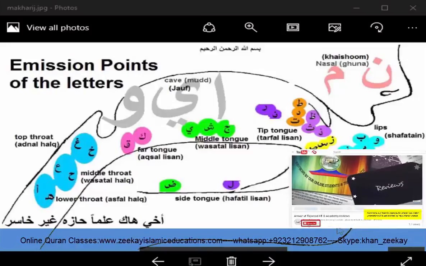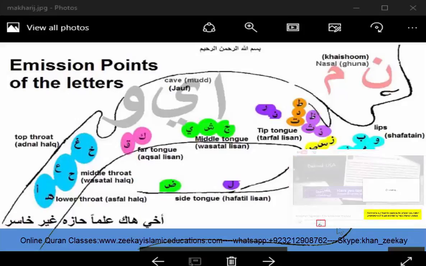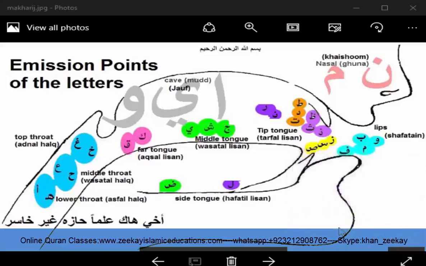Assalamu alaikum. Today we will learn about the origins of Arabic letters in a visual view, in a picture view, so that we could easily understand the origins of the Arabic letters.